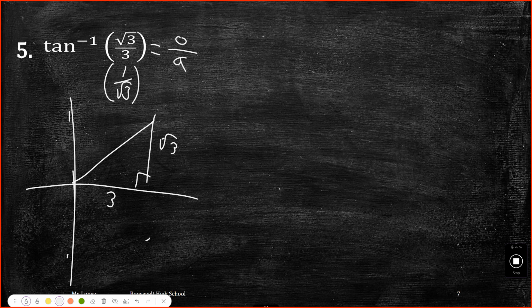So the opposite is 1, and this is root 3, and this is 2. Now it makes sense. So what's the angle? 30. So it's pi by 6, no?